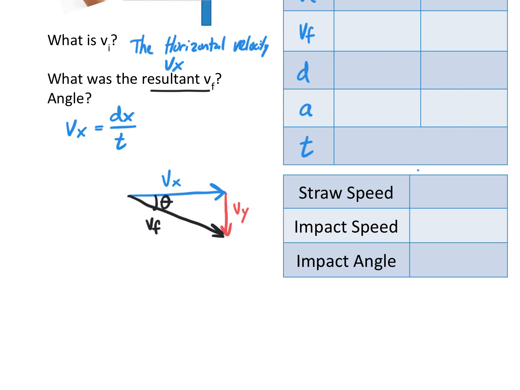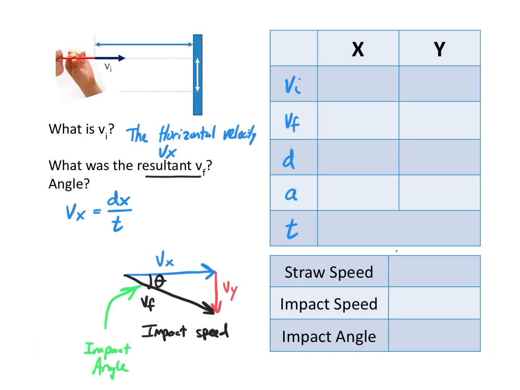We'll put the x horizontal and the y vertical together, making a right triangle, and the resultant, or the hypotenuse, will be the velocity we want to find. That will be the impact speed that this dart or whatever it is going to hit the wall. The angle will then be measured from the horizontal down, and it's that interior angle.